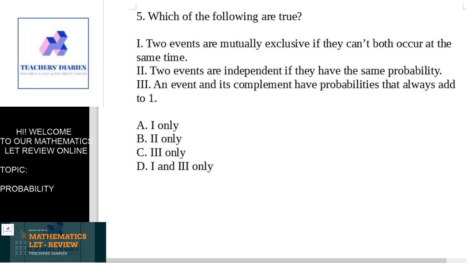Third statement: an event and its complement have probabilities that always add to 1. These are the choices: A. First statement only, B. The second statement only, C. Third statement only, D. First and the third statements only.